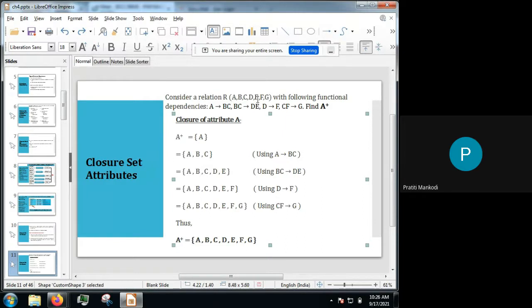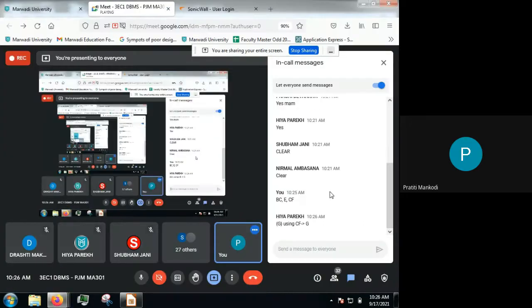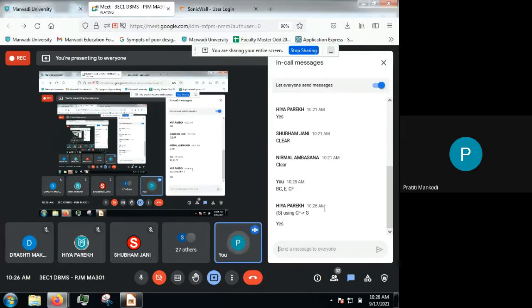Now are you able to find out the closure set properly? Online students? Yes. Here you are supposed to write the entire set.